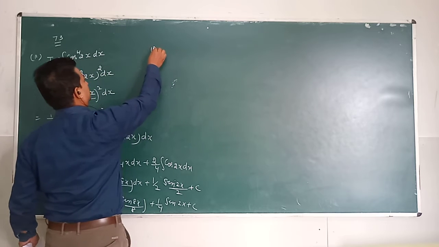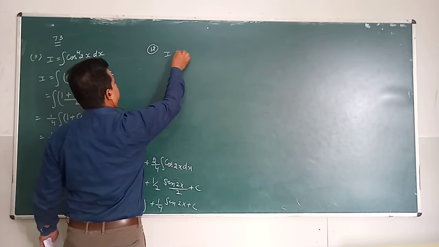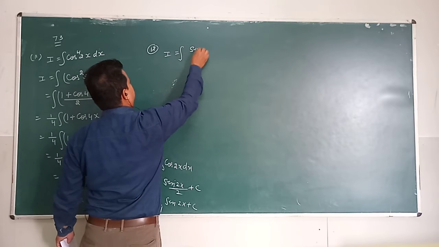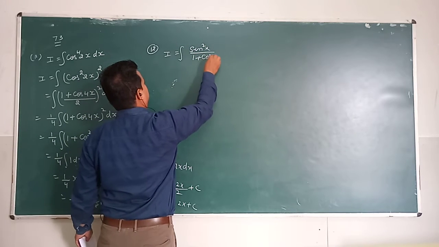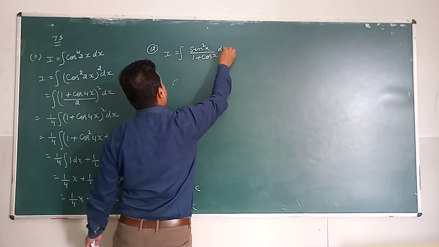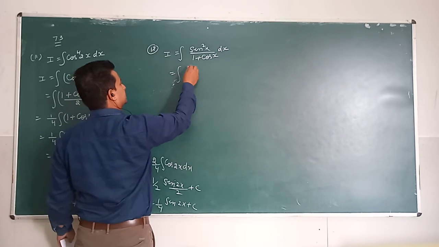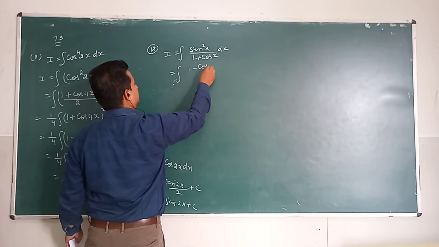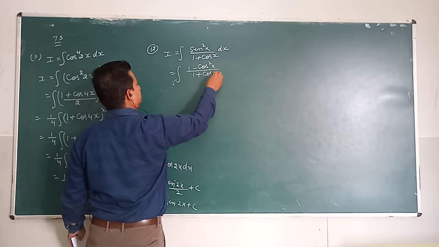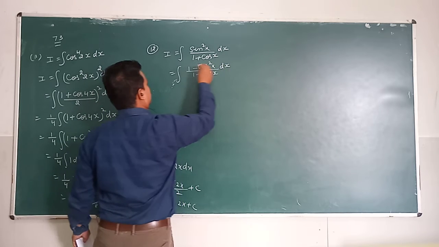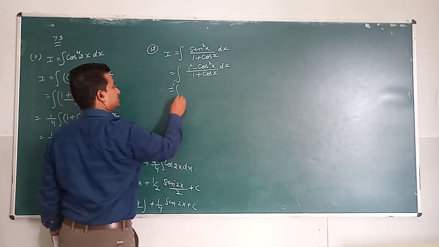In question number 12, the statement is I equals the integral of sin^2 x upon 1 plus cos x. We write sin^2 x as 1 minus cos^2 x, upon 1 plus cos x. We write 1 as 1 squared.